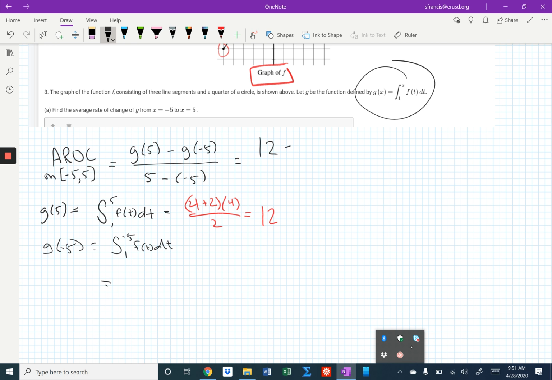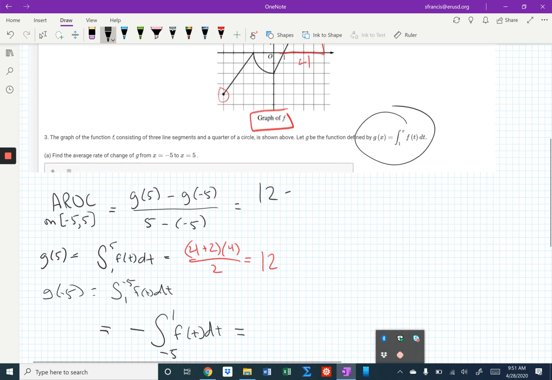You have to remember that to work this out, or to think about this in the usual way, you should flip the limits of integration. And when you flip the limits of integration, we get this negative as the coefficient. So this is going to be the opposite of the net signed area bounded between -5 and 1.